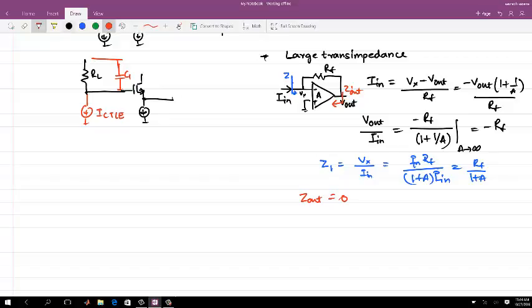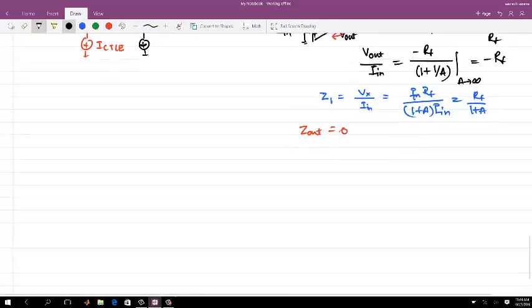So let's say we use a more real system, where you are realizing with the transconductance.